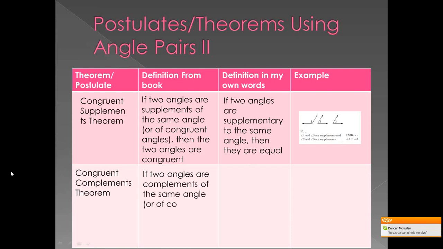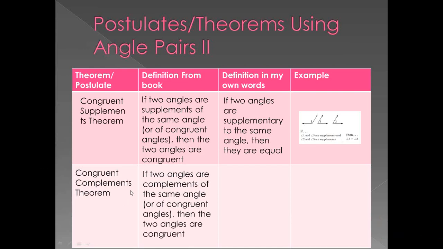Congruent complements theorem is almost the same, except we're talking about complementary angles, which, if you remember from before, are two angles that add up to 90 degrees. So if two angles are complements of the same angle, then the two angles are congruent.